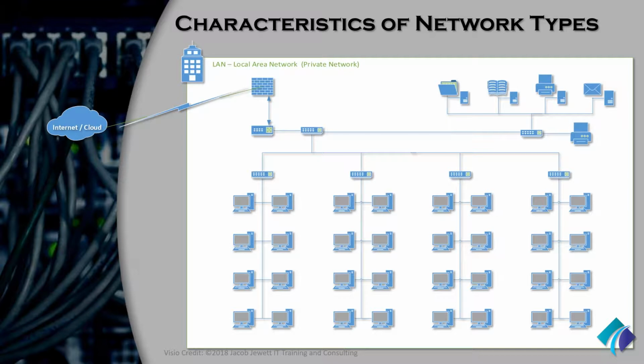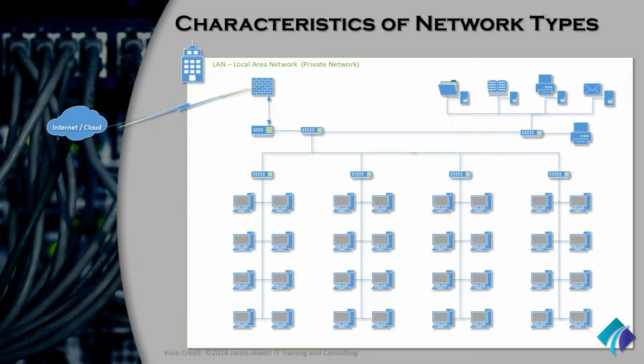You will not find a public local area network unless a business has decided to allow external customers to connect to their network. Typically that's a one-off or a group of customers or contractors.